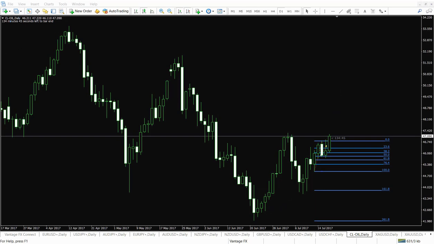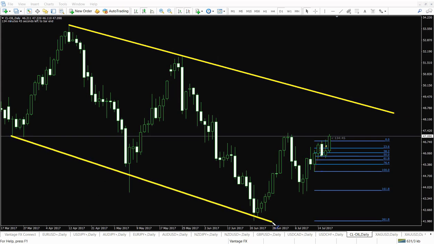Well, we have a resistance like that and a support like that. This is the channel where the price is fluctuating in these days. So probably it's going to go up here.